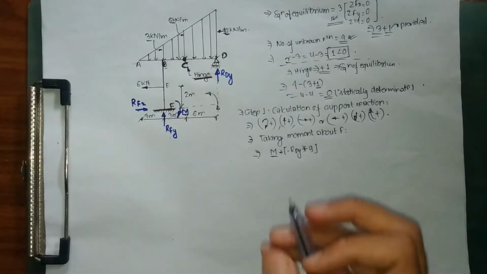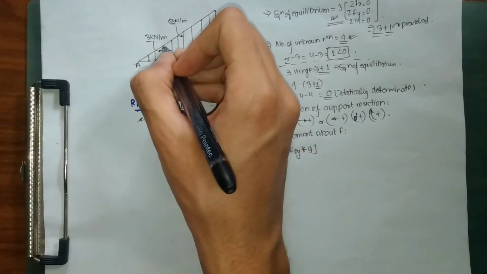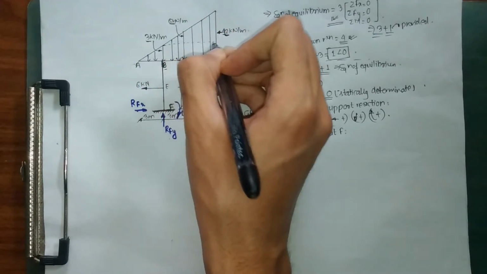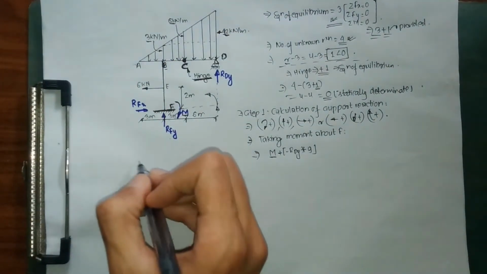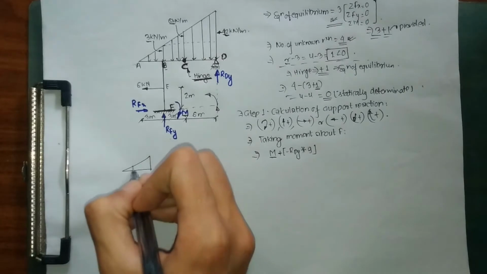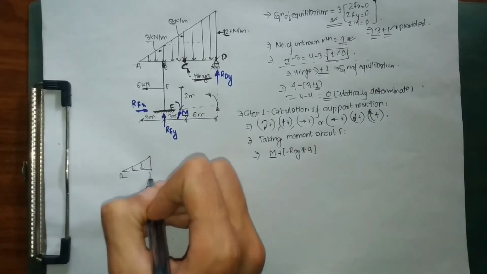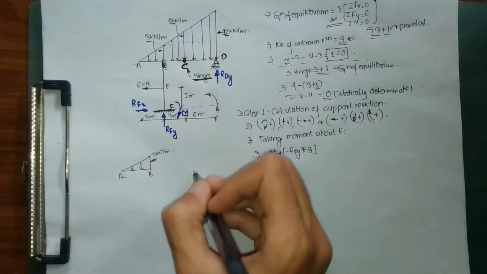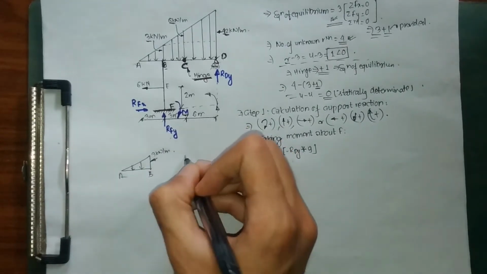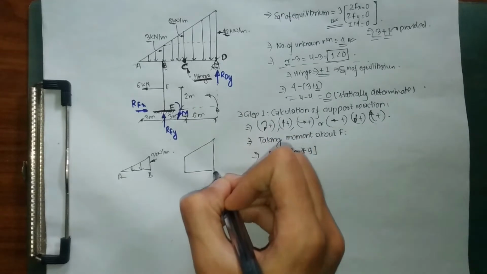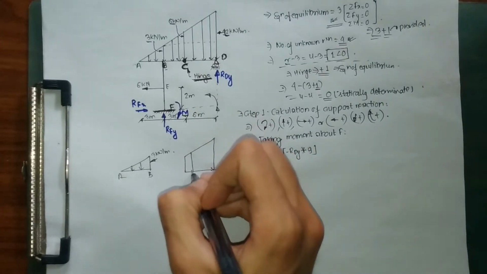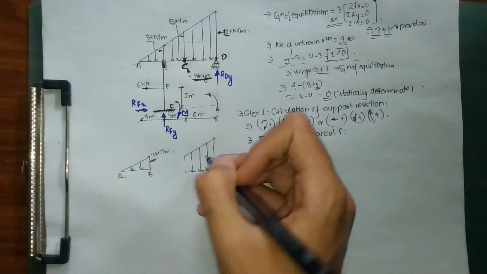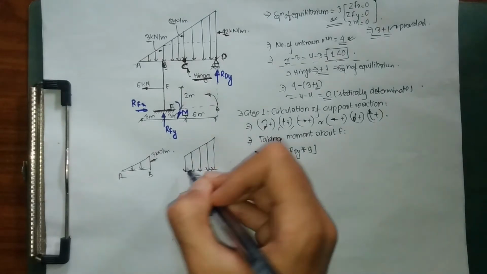This is a really important portion, so you need to look clearly. I'm going to draw one line in this way. Let me draw the figure this way. This is for my member AB, where we have a UVL of magnitude 3 kN per meter, while for member BD we have this sort of force.